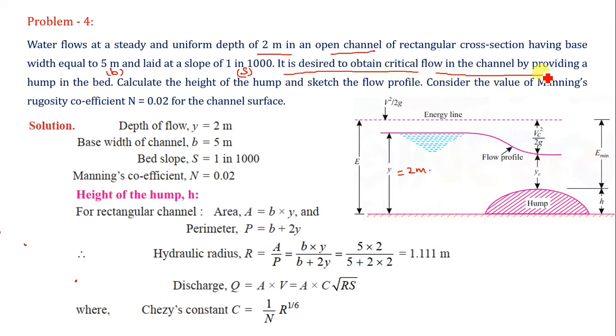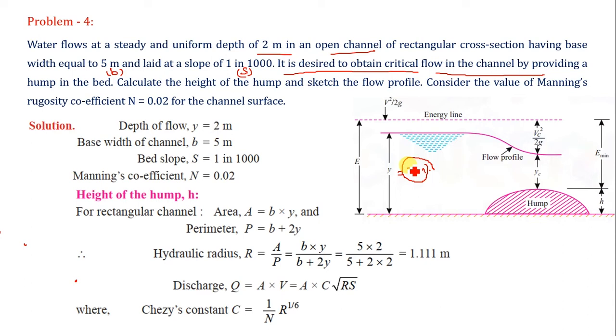What he wanted to do is, the flow is going with a depth of 2 meter, and he wants to convert this flow into a critical flow. So how can you do that? We know that when the flow is critical, the depth of the flow is Yc, the critical depth.